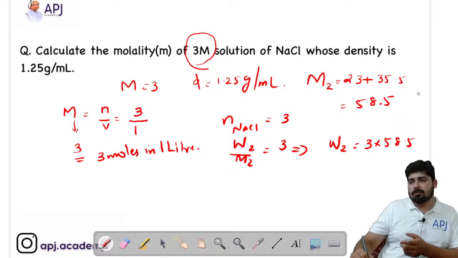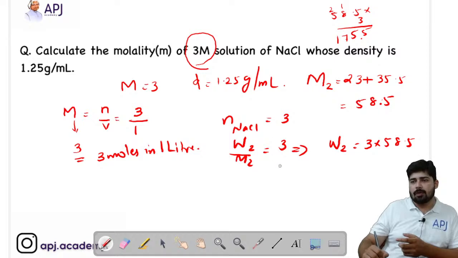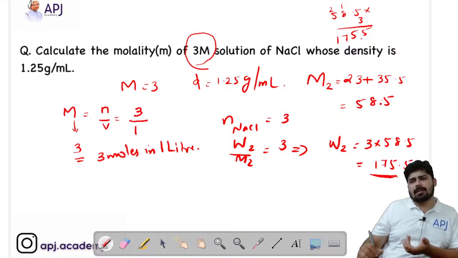Let's calculate here. 58.5 into 3 is 175.5. So the weight of NaCl is 175.5.